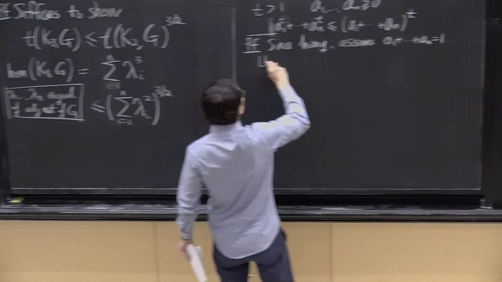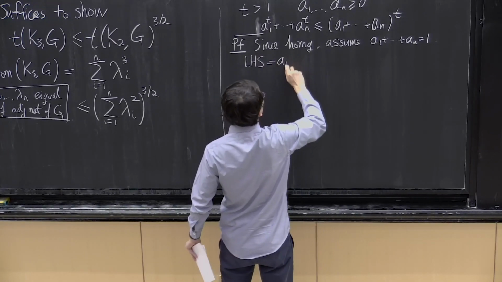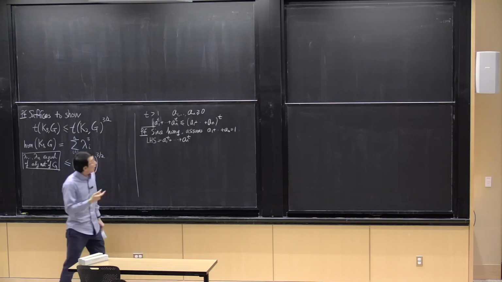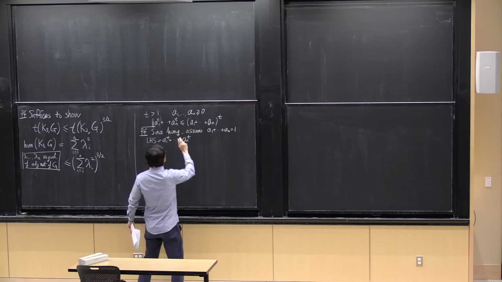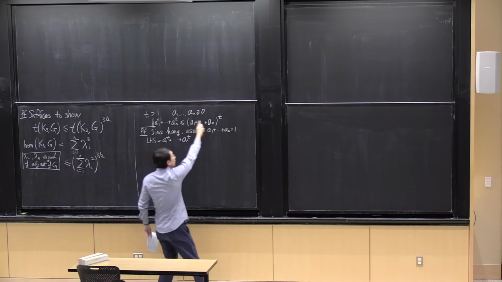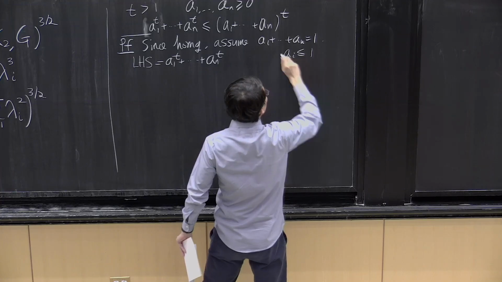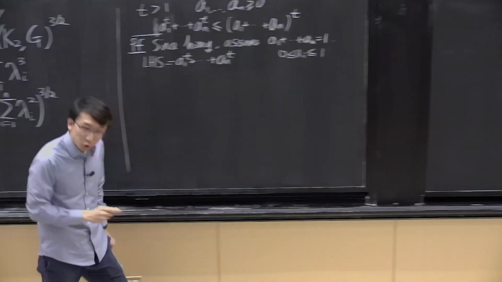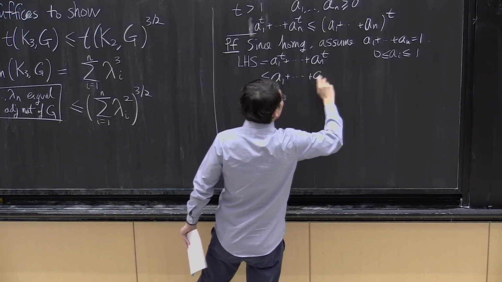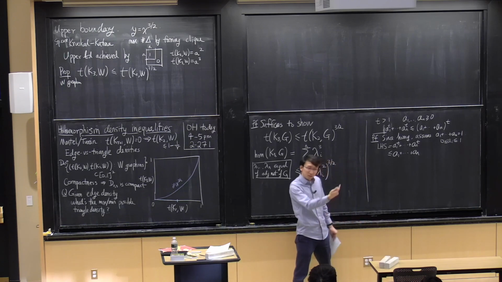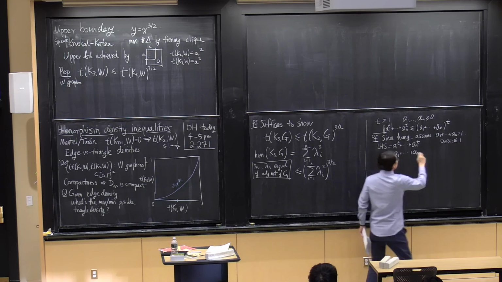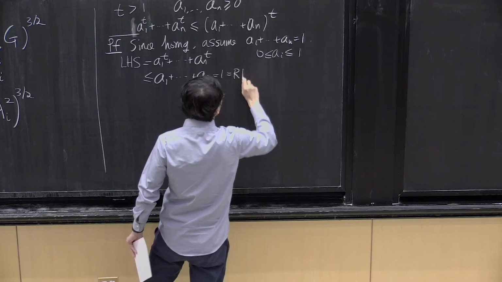In which case, the left-hand side is equal to this sum of t-th powers, and because I assumed that everything is non-negative, all these a's are between 0 and 1. So now the sum is less than or equal to the same sum without the t's, because the powers only make the numbers smaller. And that is equal to 1, which is the right-hand side.